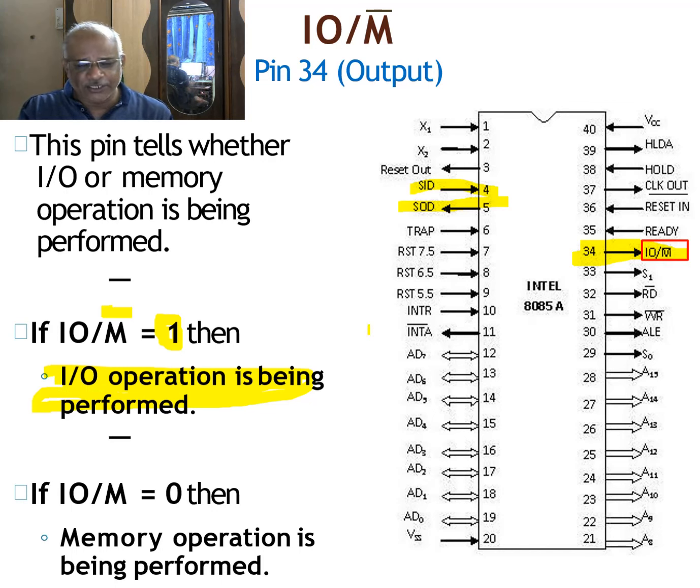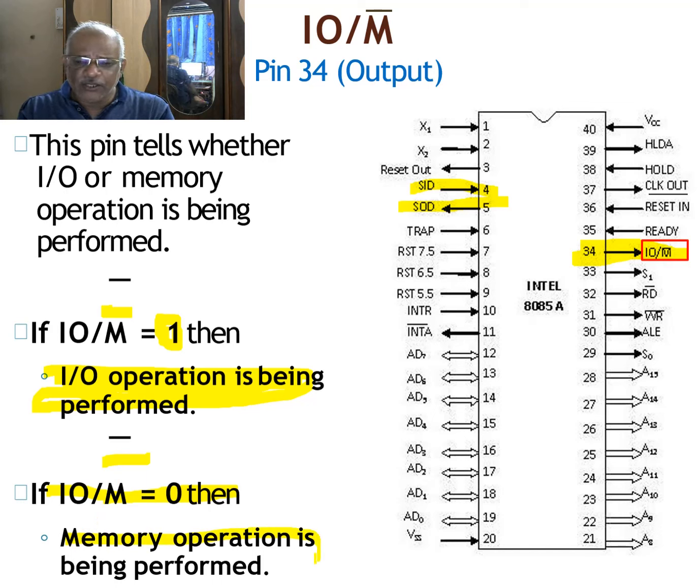No memory is included. When IO oblique M bar is equal to 1, that is the case; and when IO oblique M bar is equal to 0, because M bar stands for memory operation, it is called an active low operation. So whenever it is low, it is M bar, so it stands for memory.